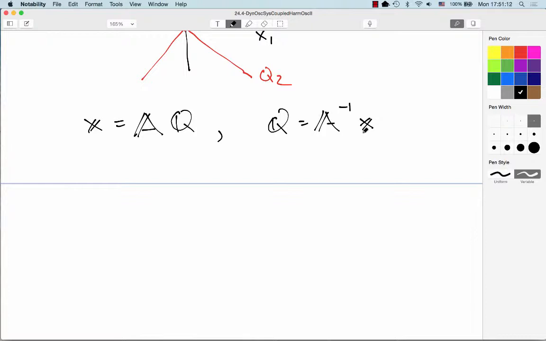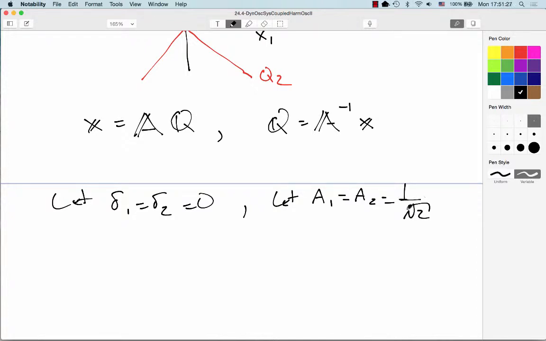All right. So just to make things go simpler going forward, let's let delta 1 equal delta 2 equals 0, and we'll let A1 equal A2 equal 1 over root 2, just so we have some things nicely normalized.